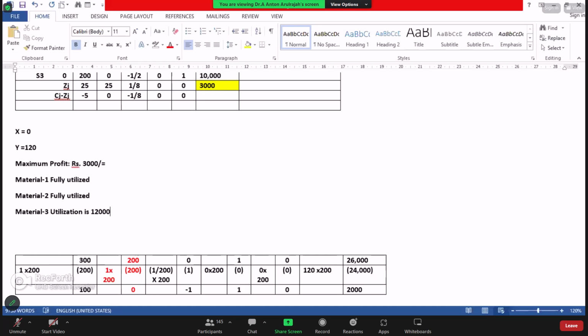Balance is how much? 22,000 minus 12,000.